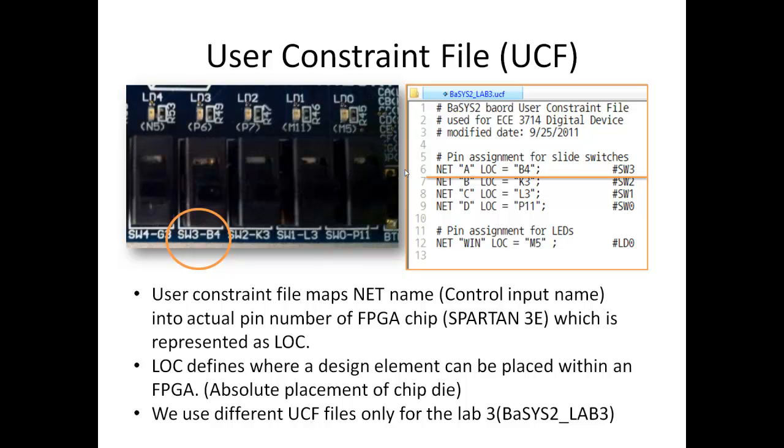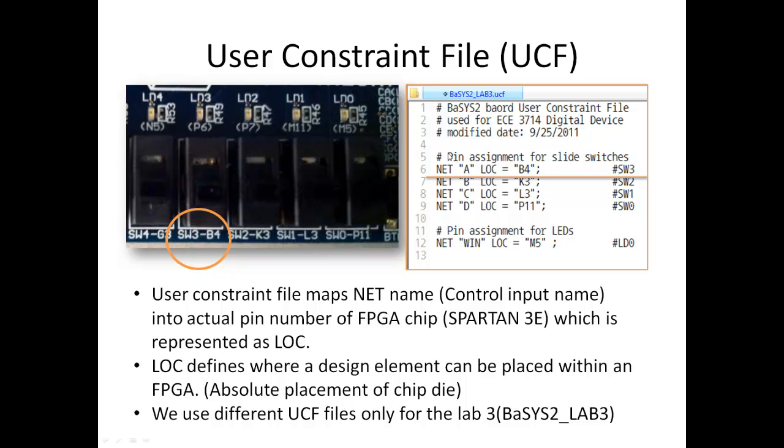I'm going to send an email that has a user constraint file. Please save this on your computer because we need this file to run this week's lab. What is a user constraint file? A user constraint file is just like a map. It has the control input name and the actual pin number of the FPGA chip, and each of these is defined using a text file.